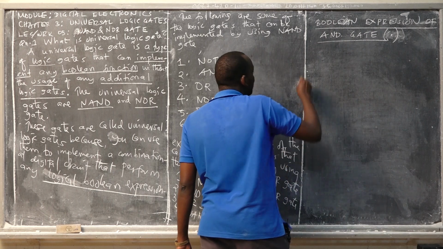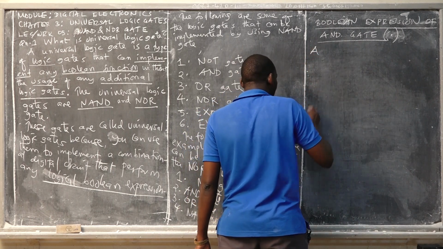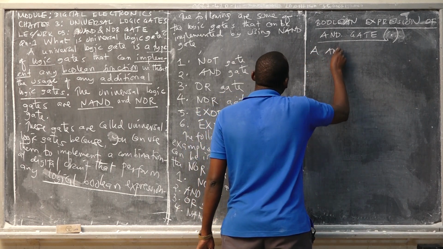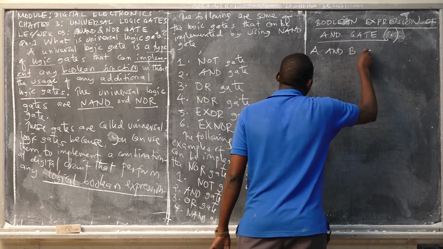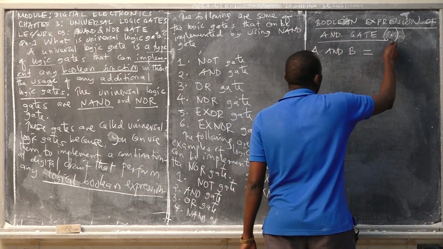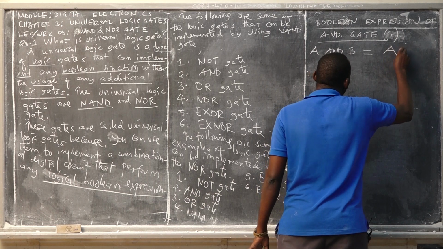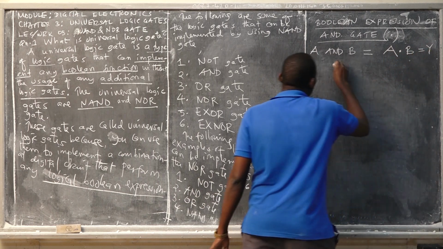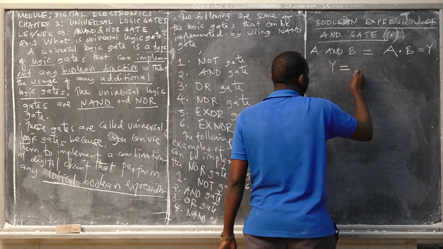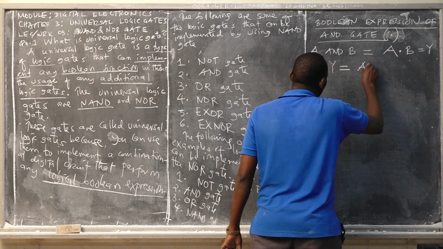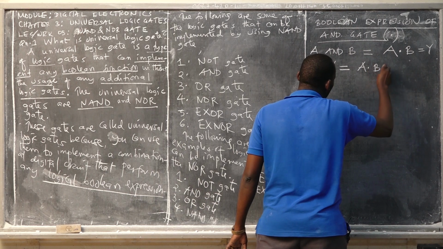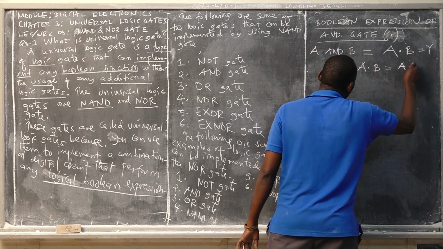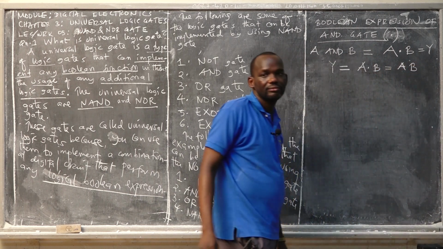So for instance, if you have input A and input B, in Boolean expression we just write A dot B, which is equal to Y. So simply the Boolean expression is Y is equal to A and B. Or we don't write the dot, we just write AB.